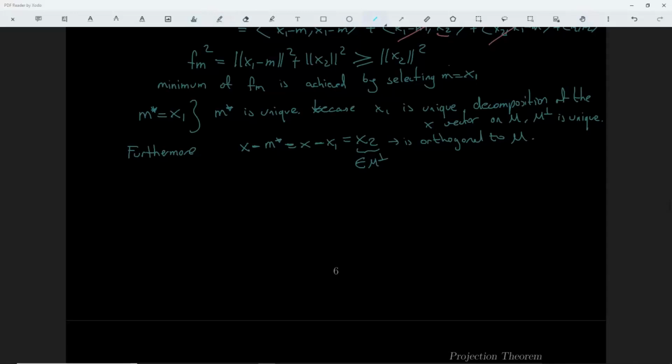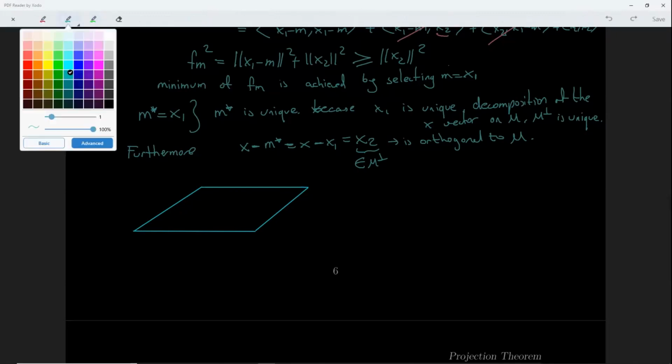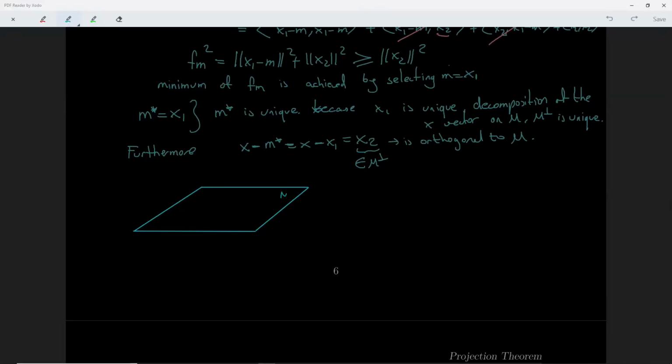Suppose we are given a subspace M, and suppose we are given a vector which doesn't lie in M. This is the x vector.